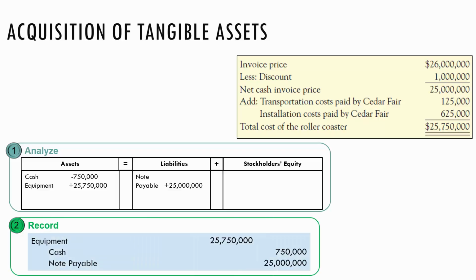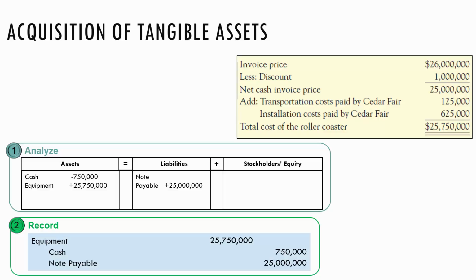If you paid for it partially with cash, you credit the cash amount. This is the actual cash paid. And then you're also going to credit a note because they are going to pay with a promise to pay of $25 million. We have a later chapter, and we'll be talking further about notes and liabilities and how they are recorded.